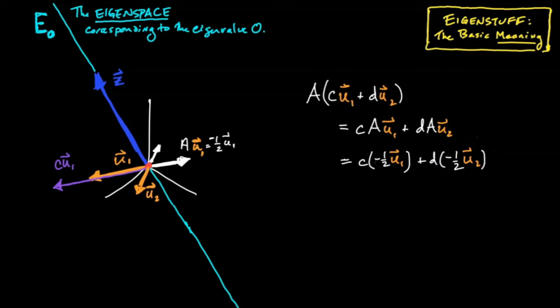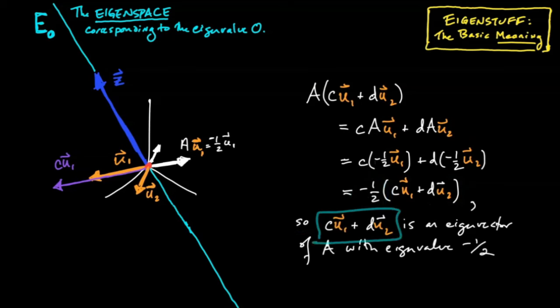And with a little algebraic manipulation of the usual vector operations, which we established all the way back in chapter 1, we know that we can factor the -1/2 out of both terms and rewrite this stuff as -1/2 of (CU1 plus DU2). So at the end of the day, feeding our linear combination of the two known eigenvectors into the matrix A gives us that same linear combination scaled by -1/2. So our linear combination is therefore an eigenvector of A with eigenvalue -1/2.